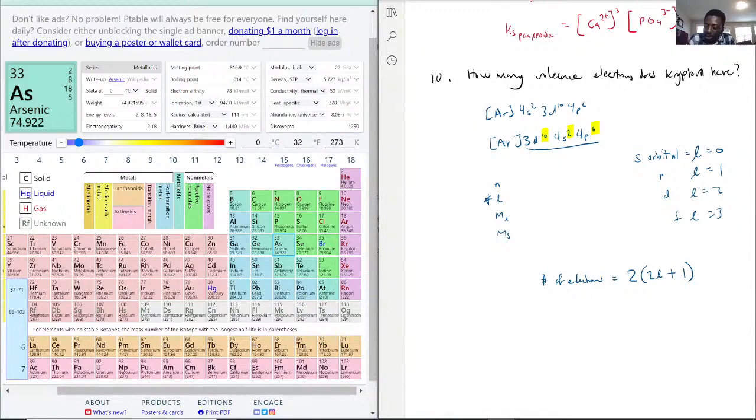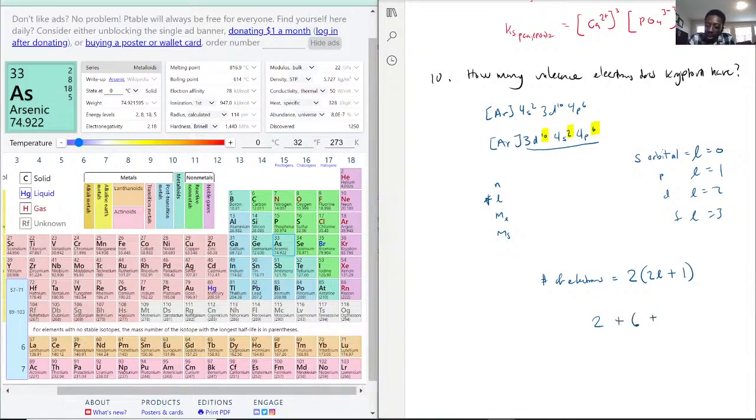Let's start with the s orbital. l is equal to 0, so 2 times 0 is 0, plus 1 is 1, and then times 2, that's how you get 2. Now for the p subshell, l is 1, so 2 times 1 is 2, plus 1 equals 3, so it's plus 6.